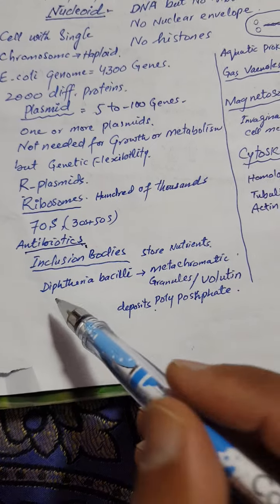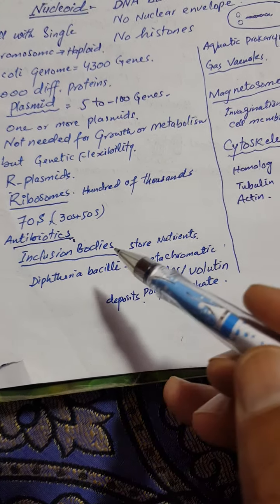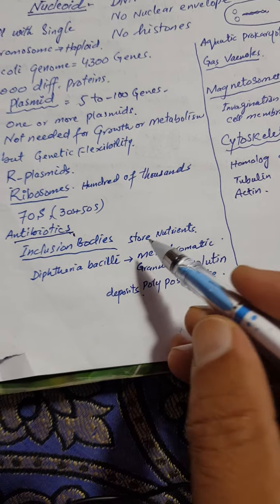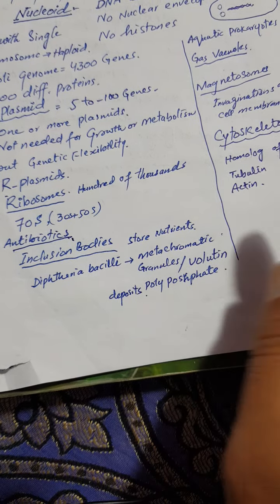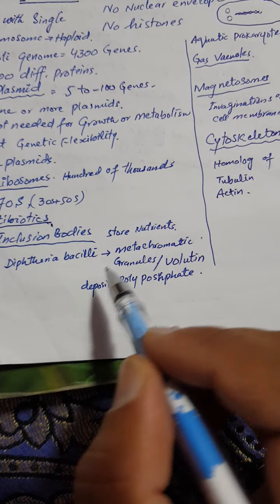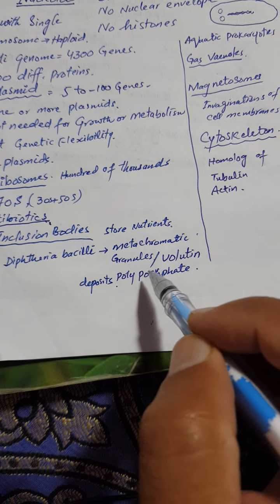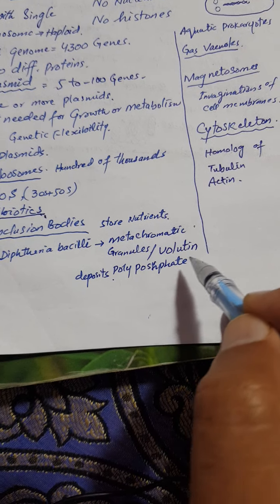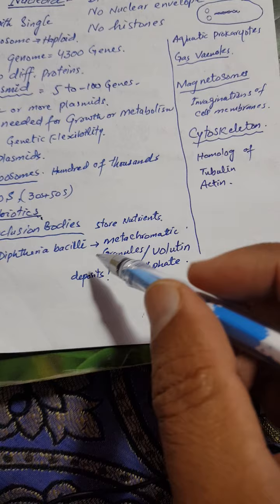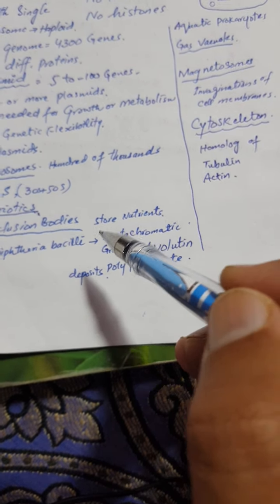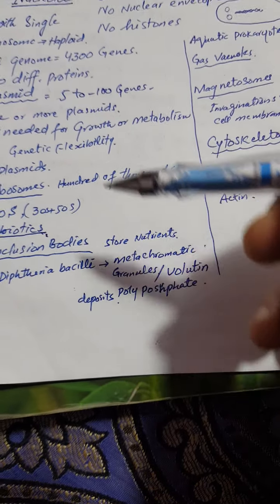Other than ribosomes, there are some other inclusion bodies which store different nutrients. For example, some of the inclusion bodies store glycogen inside them, and there are some others. For example, diphtheria bacilli contain some metachromatic granules or volutin, which deposits polyphosphates. So there are different inclusion bodies inside the cytoplasm in different bacteria, and they store different types of nutrients.